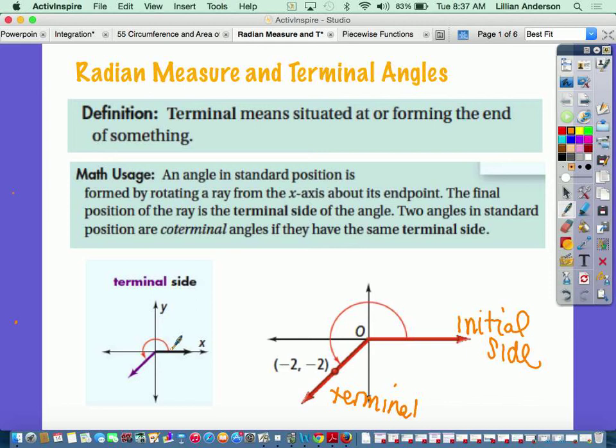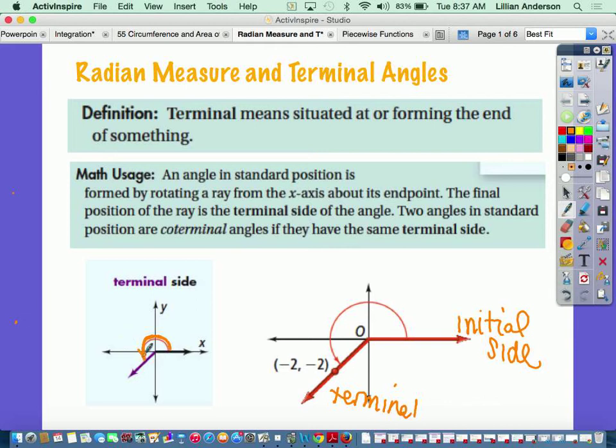If you rotate counterclockwise, it's going in the positive direction.